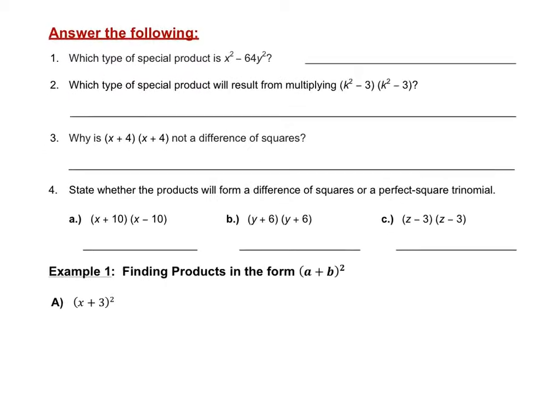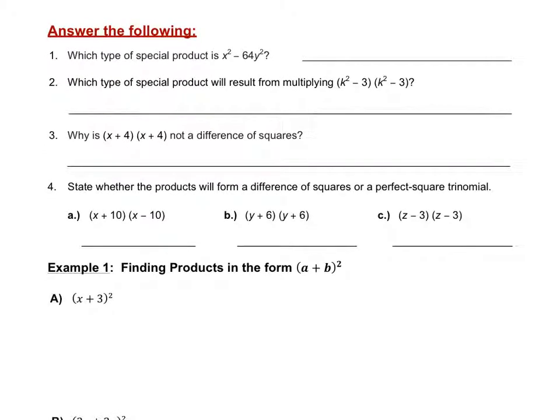Answer the following. Which type of special product will result in this? Since we have a subtraction sign here, and it's not 3 terms, it's not a trinomial, so it can't be a perfect square trinomial, therefore it's going to be a difference of 2 squares.